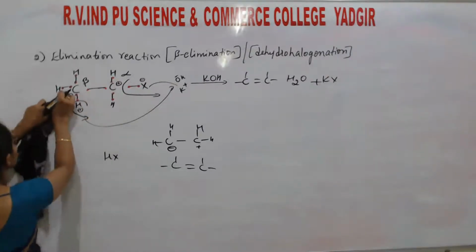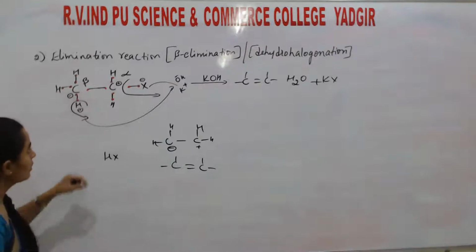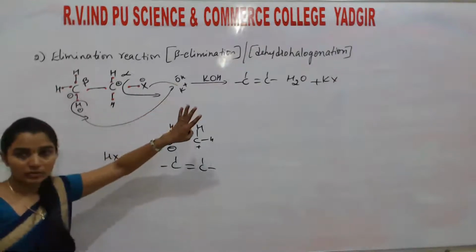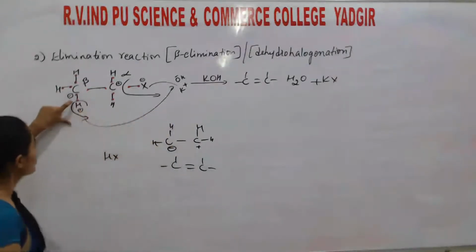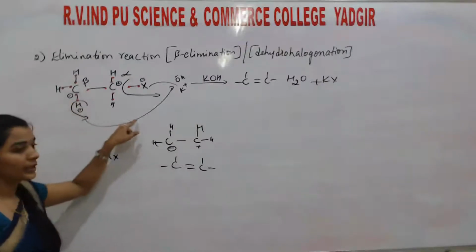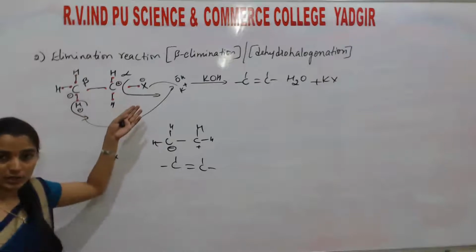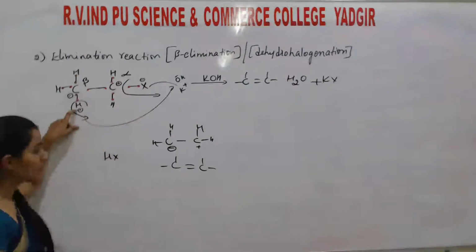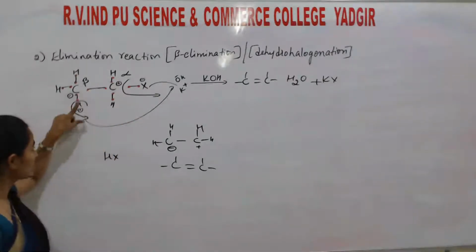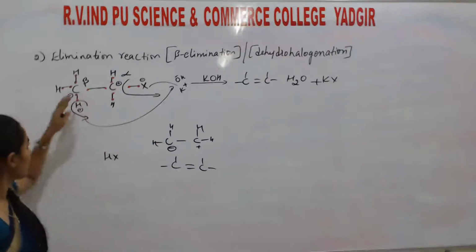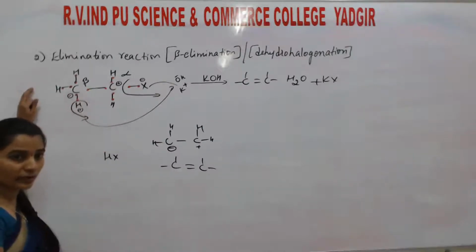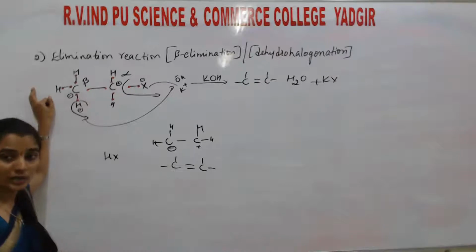Why is it called beta elimination? Here the halogen is removed, and the hydrogen is removed from the beta carbon. If it is removed from the alpha carbon, this is alpha elimination. If it is removed from this carbon, that is beta elimination. If hydrogen is removed from the third carbon, then it is gamma elimination.